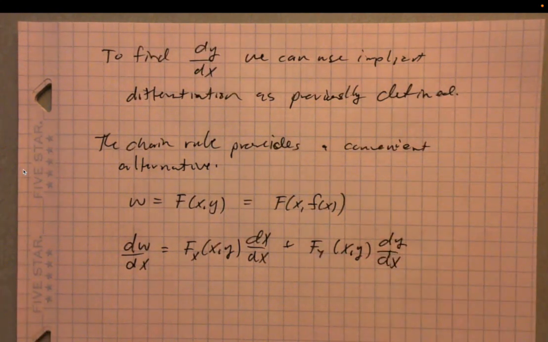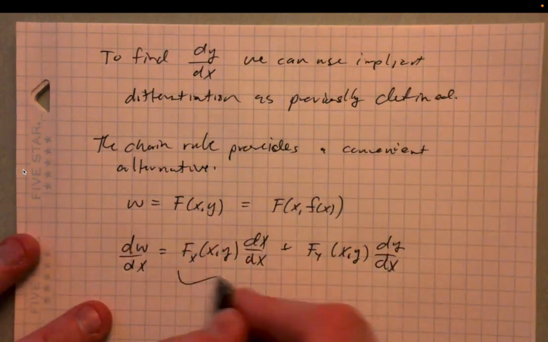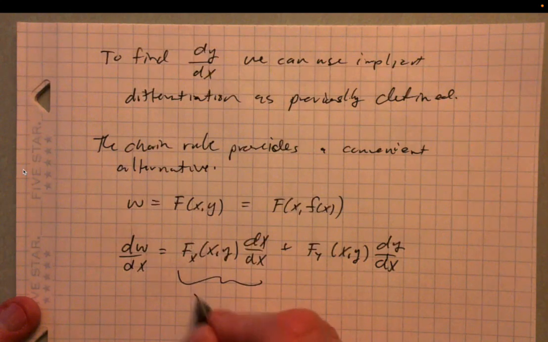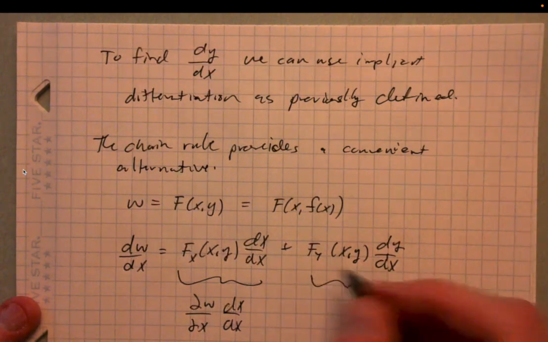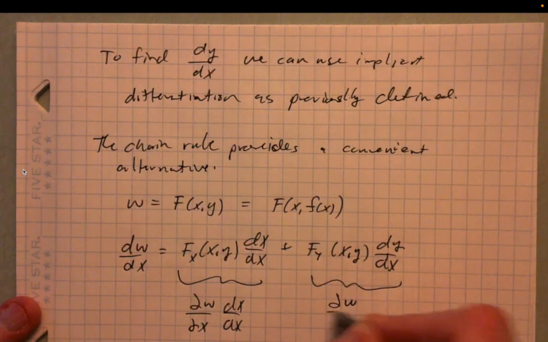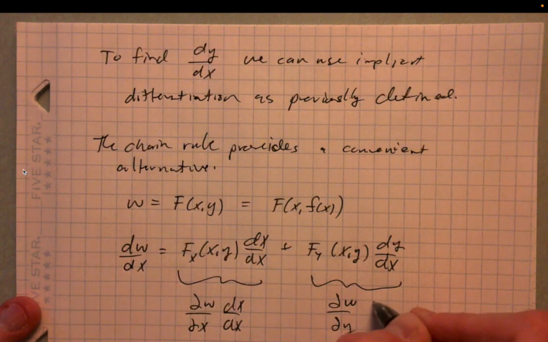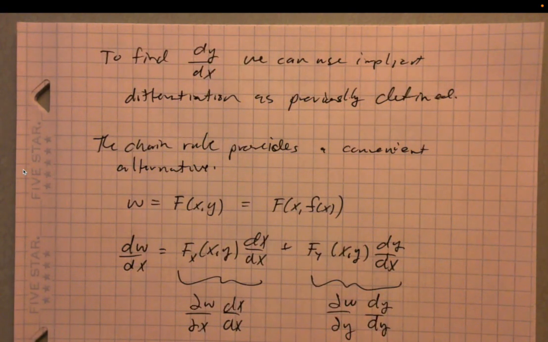This is just straight application of the previous theorem. In our previous theorem, this was the partial of w with respect to x times dx/dx, and this is the partial of w with respect to y times dy/dx. When I say our previous theorem, I mean the first theorem that we saw.